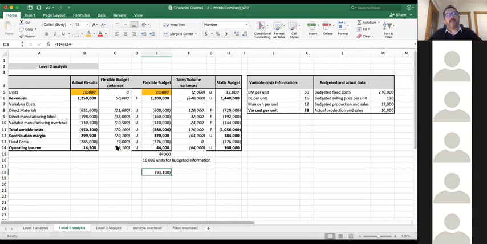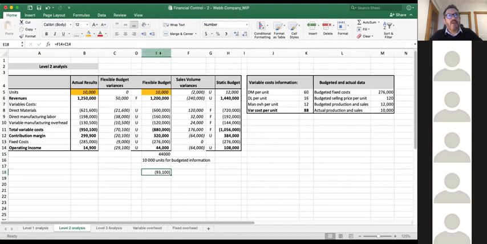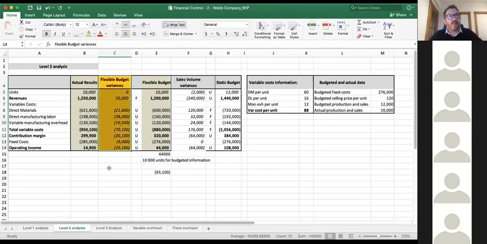So now we can fairly compare things because we can compare, as Mai was beginning to do earlier, the flexible budget information and the actual results. So these two columns, it's going to be interesting to compare them. And finally, the variances, which are very important for us to analyze, are the flexible budget variances.